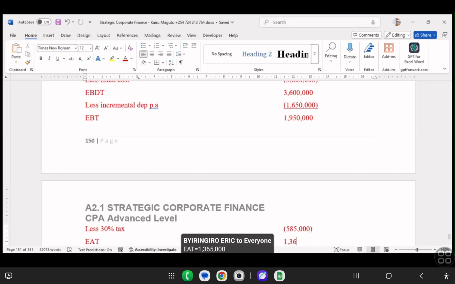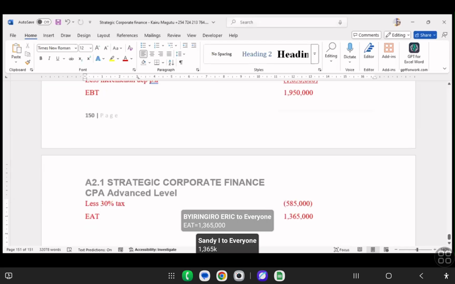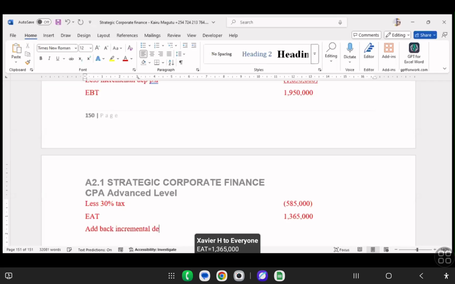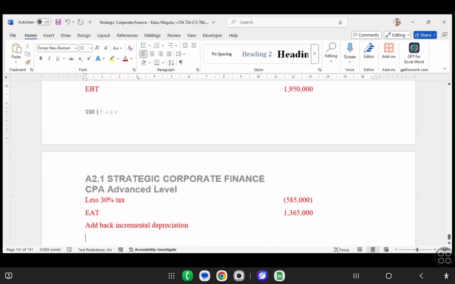1365, like that. Add back depreciation, add back incremental depreciation. Incremental depreciation, I think it was how much? It was 1650. How much is the annual cash flow?